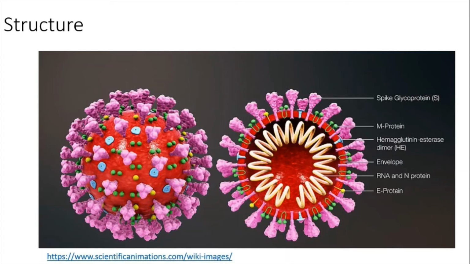RNA is similar to DNA. Our cells, as humans, our genome is a DNA genome. So all of our genetic information is stored in our DNA. It then gets converted into RNA through something called transcription.